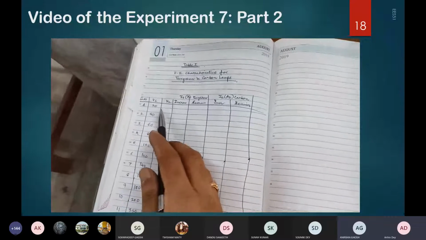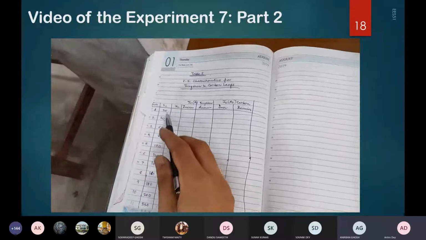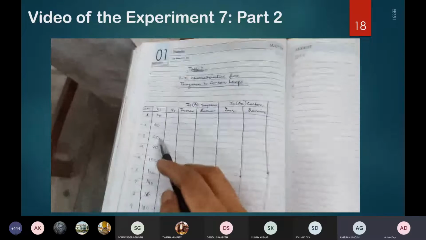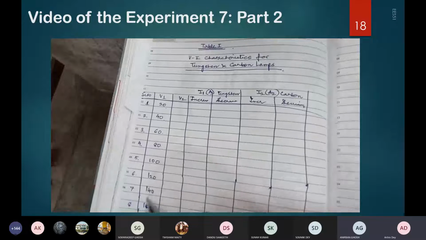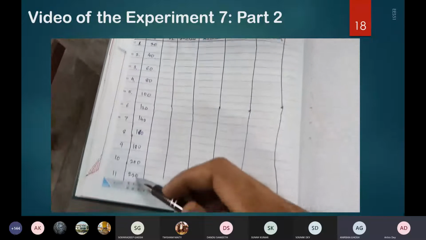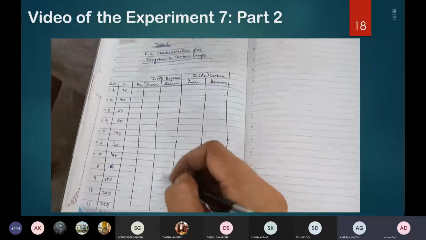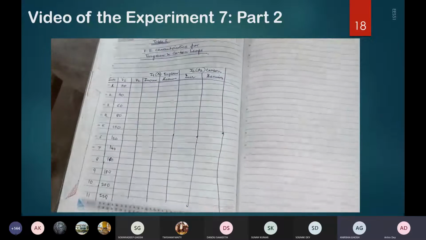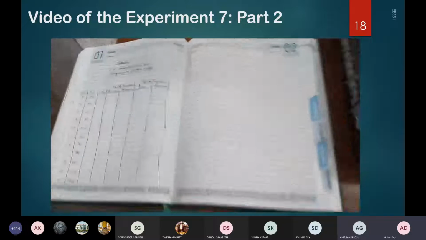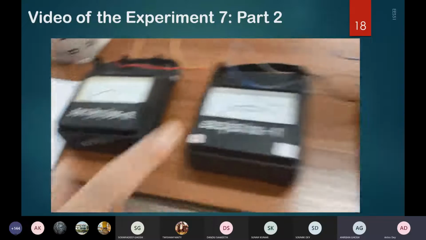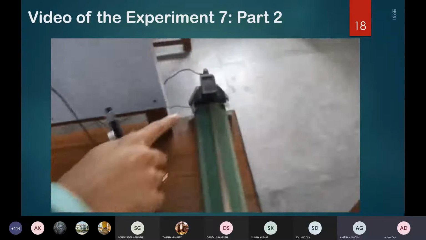So we'll go first with increasing voltage from 20, 40, 60, 80 in that way till 220, and then once we reach 220 we'll come back from there in the decreasing case, in steps of 20 volt.